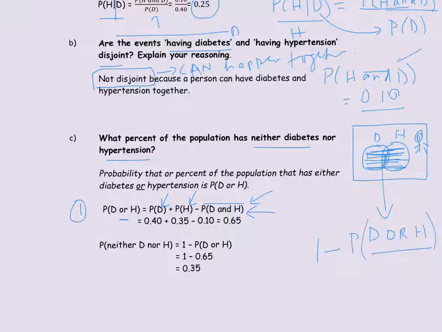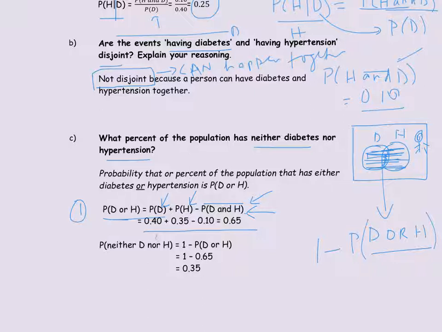If you know that two events are overlapping or not disjoint, then you need to use the addition rule that takes care of the double counting of the overlap. So just copy this formula for events that are not disjoint, and then after that point all you have to do is plug in the numbers just the way they're given to us.